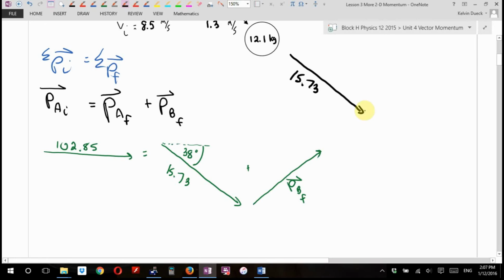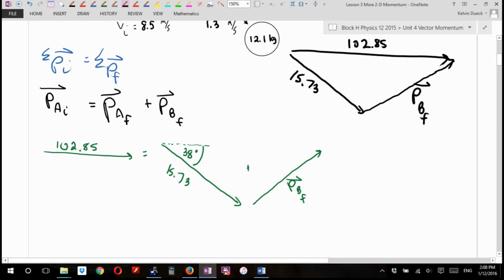And I know that momentum B, I'm going to stop right about there because the resultant is supposed to be exactly horizontal, 102.85.